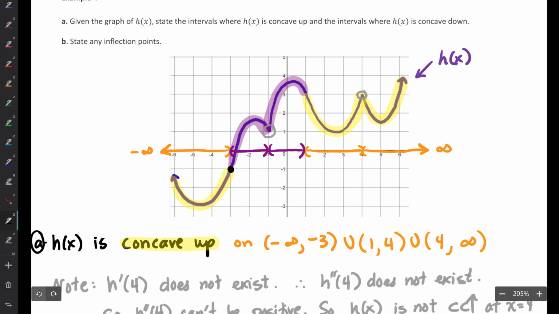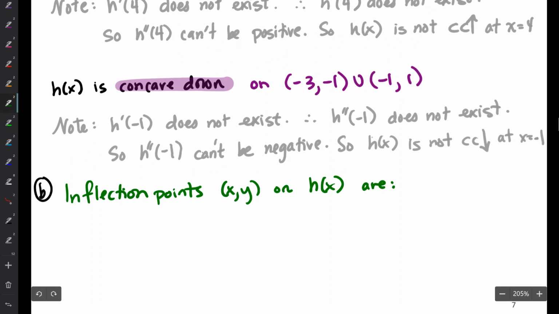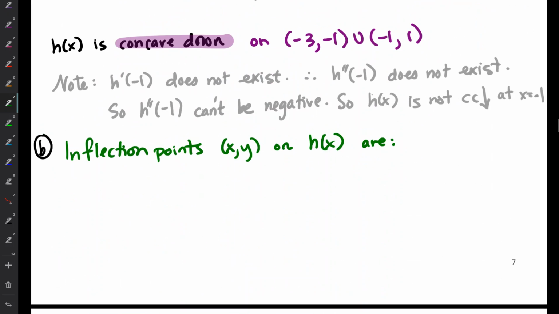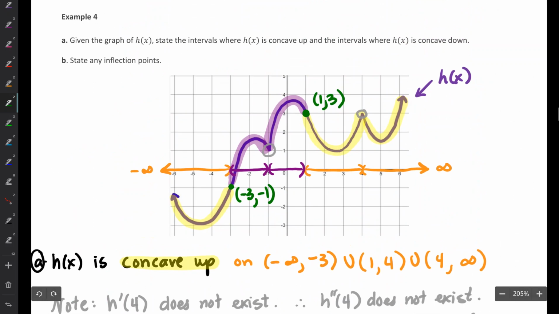So right here, x is -3, y is -1 is an inflection point, and right here, x is 1 and y is 3 is an inflection point. All right, -3, -1. One, 3.